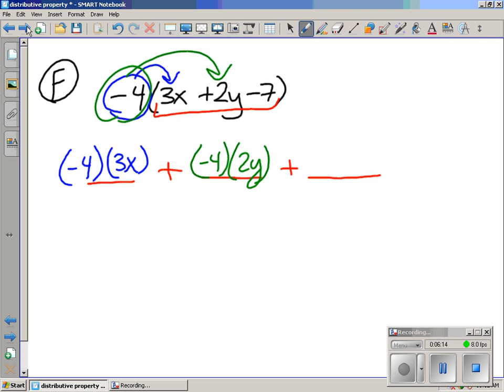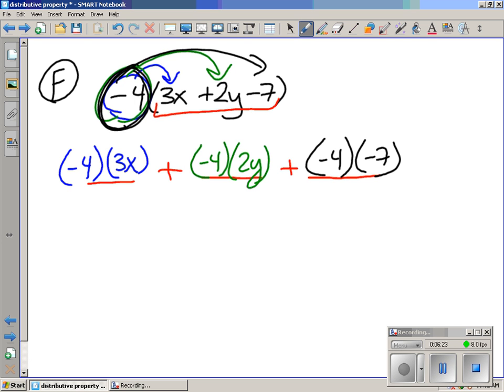In the third, I'm going to take the negative 4 and multiply it by the negative 7. So it's the same process. You're making sure that everything is distributed to each piece inside of the parentheses. Negative 4 times 3x, we get negative 12x. Negative 4 times 2y is negative 8y. And negative 4 times negative 7 is 28.